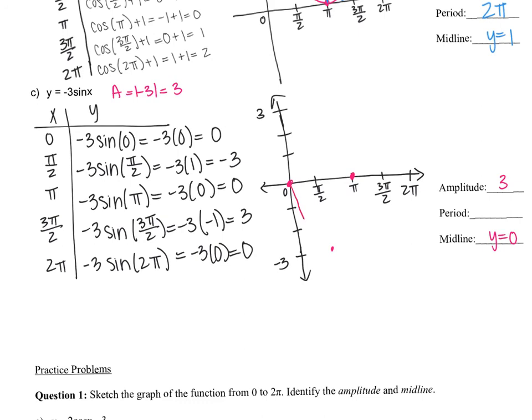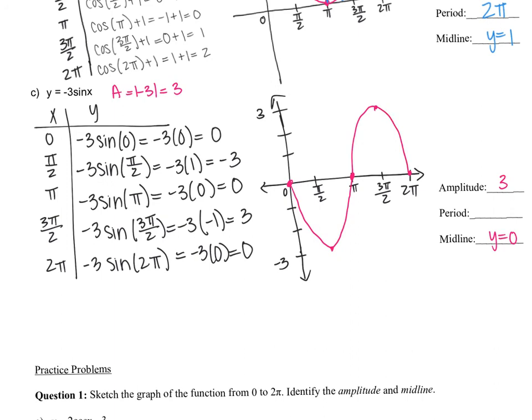Then at 3 pi over 2, it's going to +3, so up here. And then for 2 pi, this is going to be at 0, so coming back down.